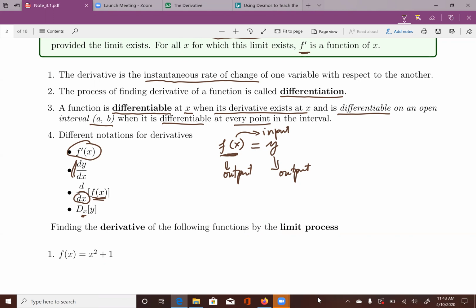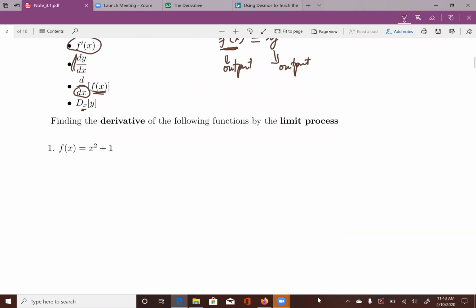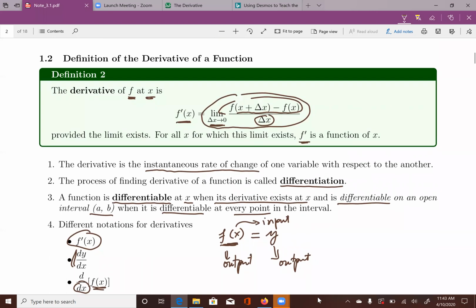All right, let's look at the first example. If you're given this parabola, if you want to find the derivative of this function by using the limit process, how can you do that? You can use the definition of the derivative, which is this limit definition here.